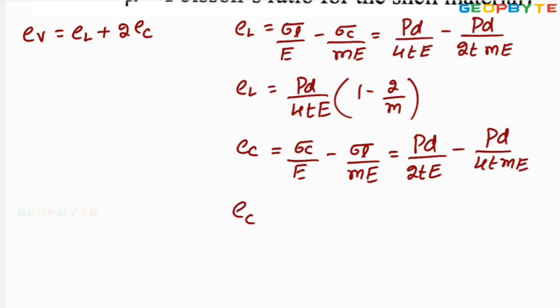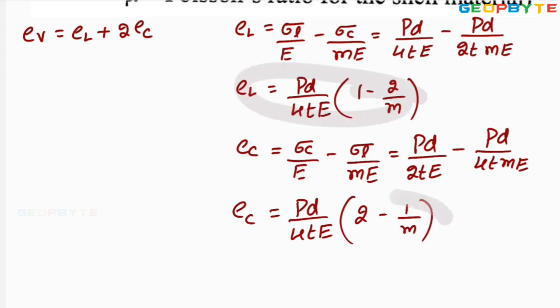So circumferential strain equal to PD by 4TE outside. It is 2 minus 1 by m minus 1. That is the circumferential strain. So this is the longitudinal strain. This is the circumferential strain.